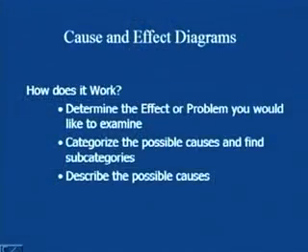So, we need to identify the major categories and then find out the subcategories. Once the subcategories of the main categories are there, then we find out further subcategories till we find the root cause of the problem. So, categorize the possible causes and find the subcategories. Describe the possible causes.